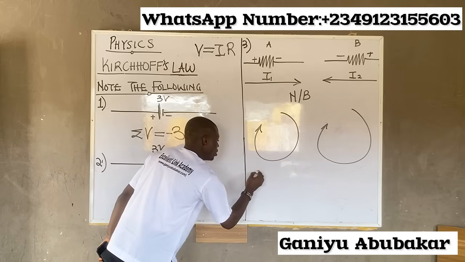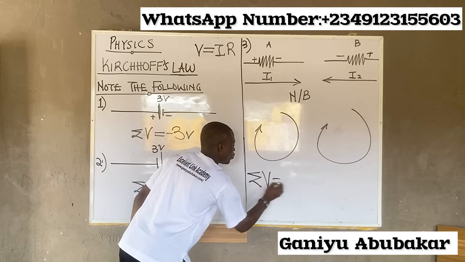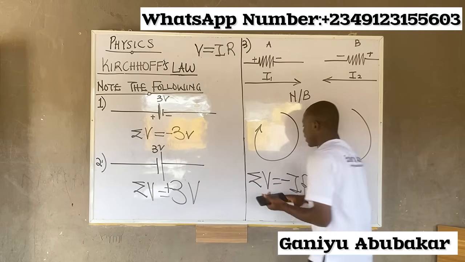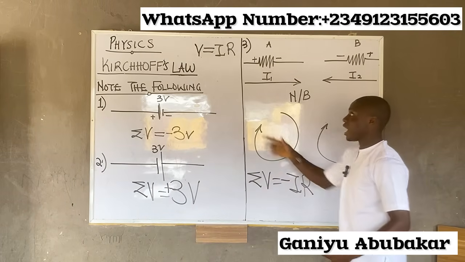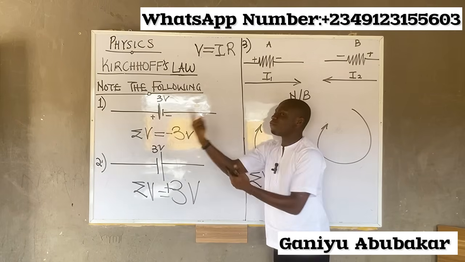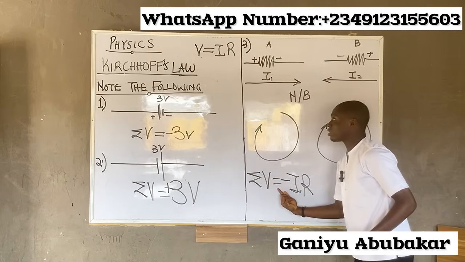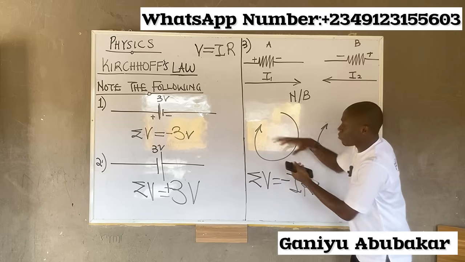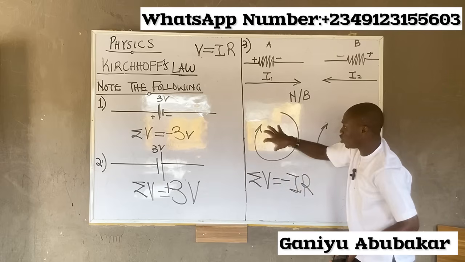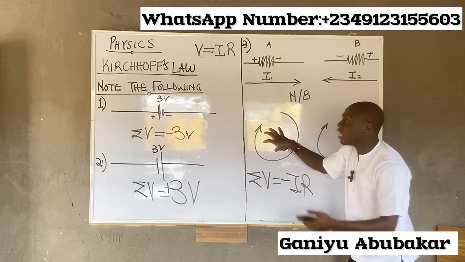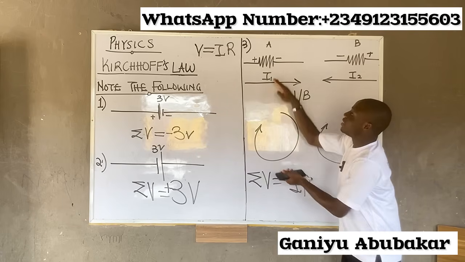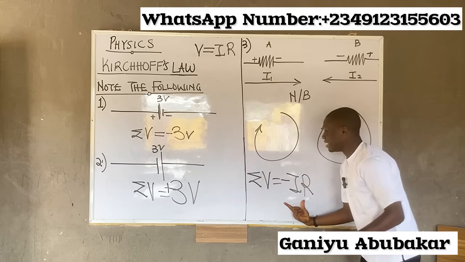So it means that the summation of V will be equal to negative IR. Observe that V equals IR, as I showed you here. This assumed direction, if you observe very well, is following this given direction. So if they are the same, take V as negative.